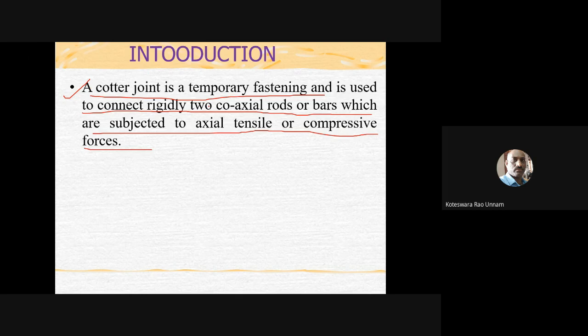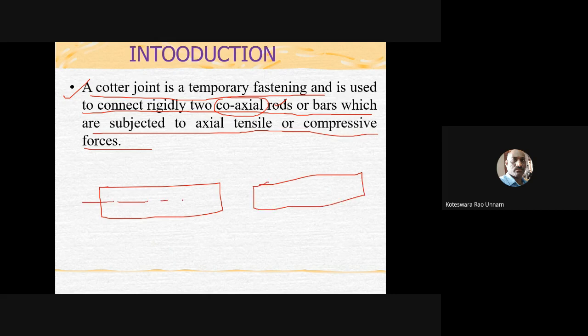What is the meaning of coaxial? It is about the axis of these two rods. Here it is used to connect two rods. This is one rod, and maybe this is another rod. Coaxial means the axis of this rod and the axis of this rod are on the same line, or they coincide.